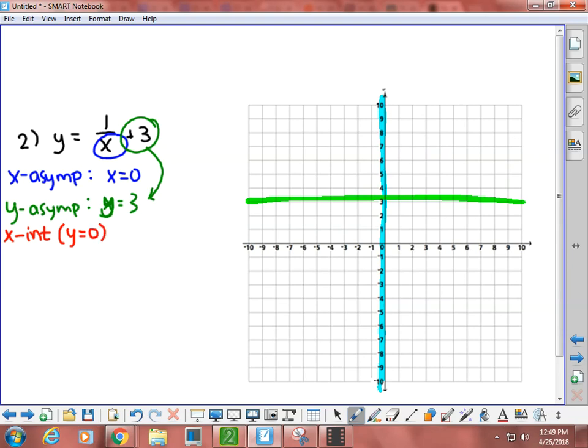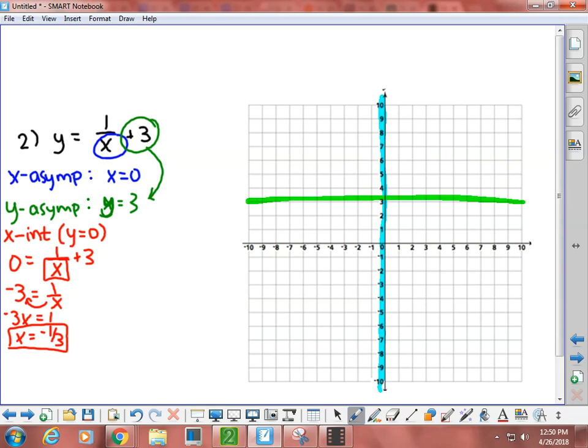Okay, so I'm going to plug in 0 and say 0 equals 1 over x plus 3. So I'm solving it for this x. Move the 3 to the other side first and get 1 over x. Multiply to the other side and get negative 3x equals 1. Divide and get negative 1/3. Okay, so then I go to the x-axis.